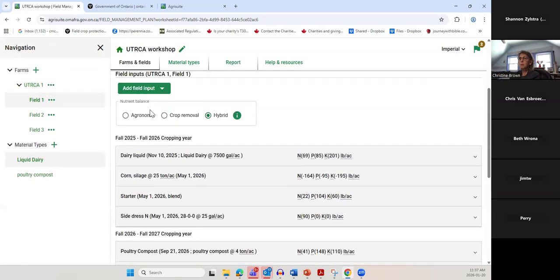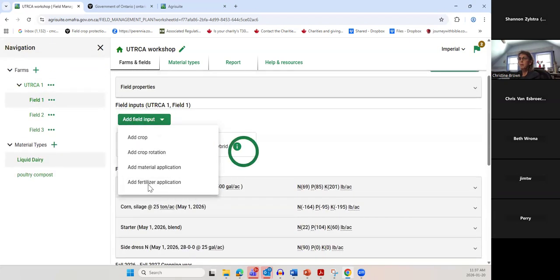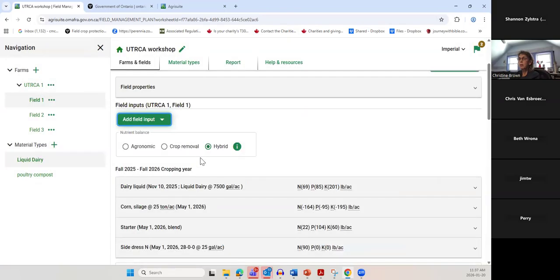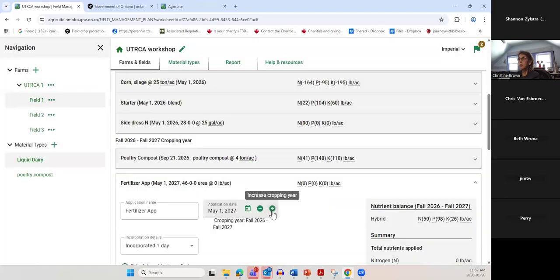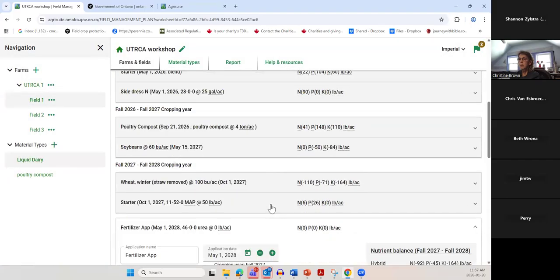So then I'm going to add one more input, fertilizer. So that fertilizer application is here.